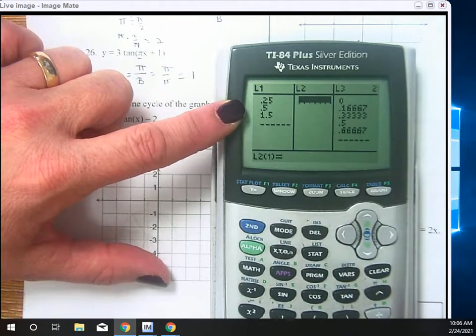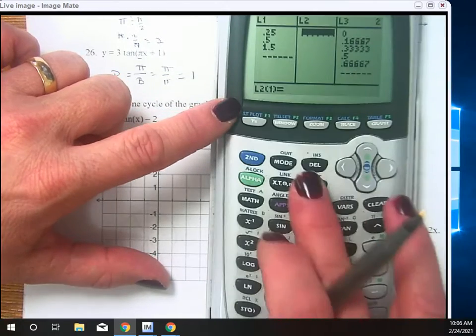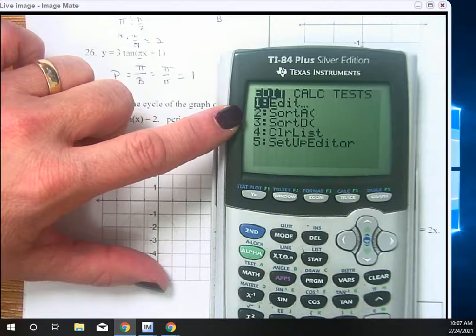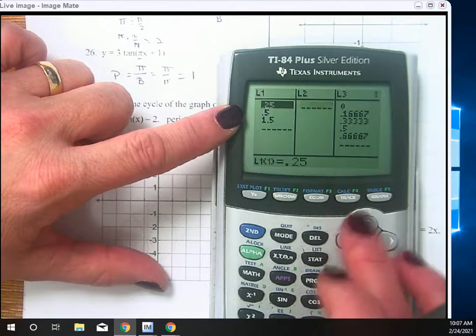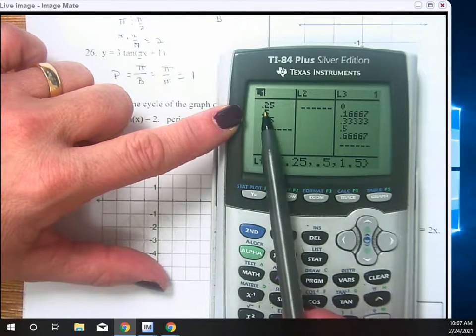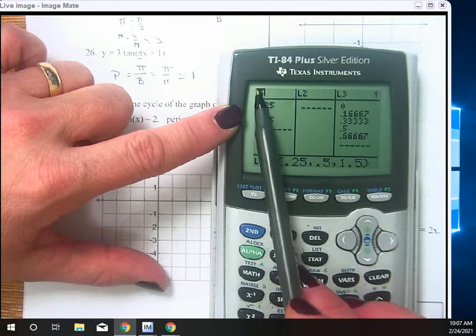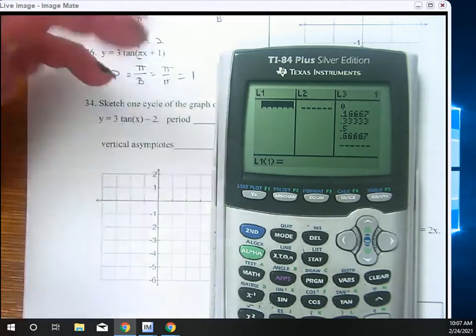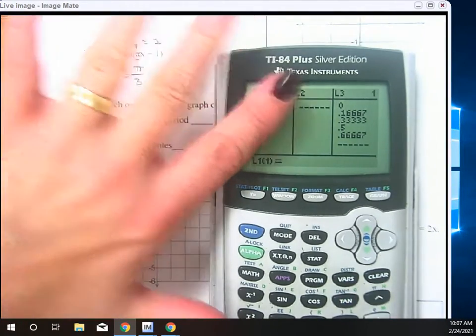For those of you that are watching and you don't know, the stat button is 2 buttons from the green button, and the number 1 is the edit, and we're going to edit this list. And what I have done is I've got stuff in here, so I'm going to arrow up so that the list 1 is black, and I'm going to push clear and then enter. You do not want to push delete, or it will delete the entire list, and this whole column will be gone. Okay, so you don't want to do that.